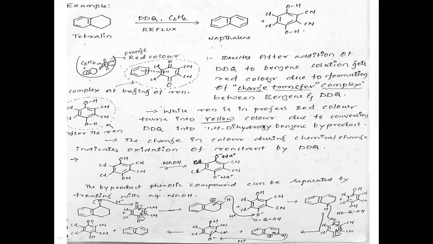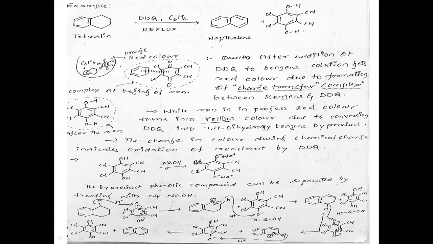Now when the reaction is in progress, the DDQ gets reduced into a phenolic skeleton, and the red color turns into yellow because the reduced form of DDQ is yellow. So how we can observe the reaction progress: if the red color is turning into yellow color, that means the DDQ is getting reduced.